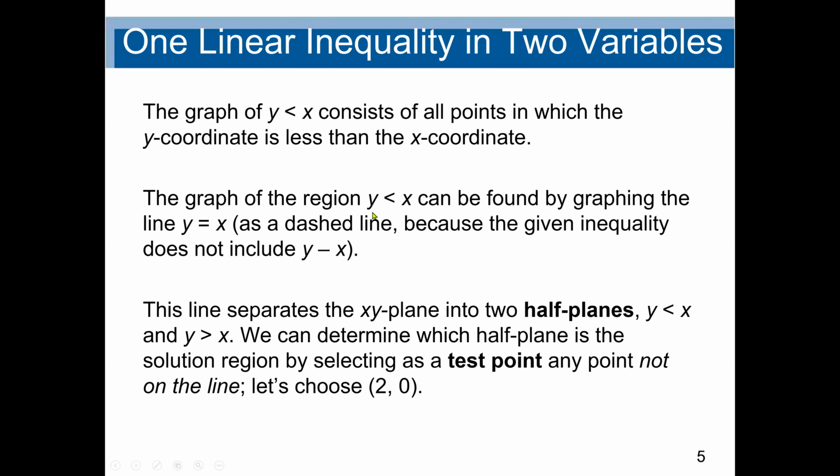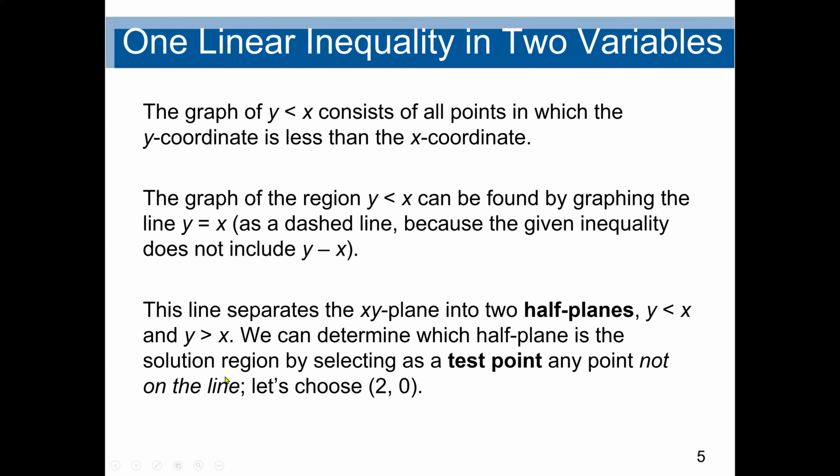If we want to graph an inequality, first we have to graph the equality of it. So for y less than x, we first graph a straight line, which is y equal to x. But we make it a dashed line because the given inequality does not include y equal to x.